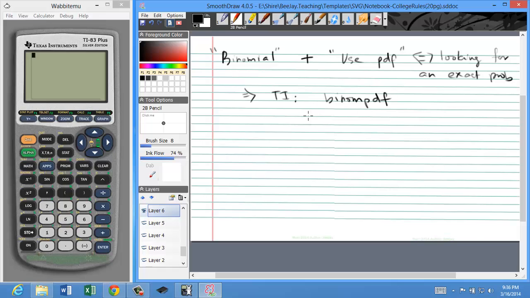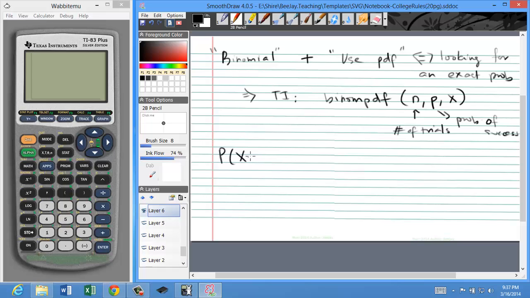So binom PDF has a simple syntax. It's n followed by p followed by x. So n is the number of trials and p is the probability of success, and x is what we are looking for in the problem.